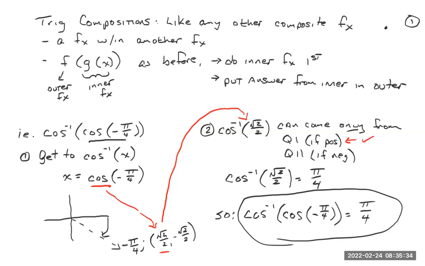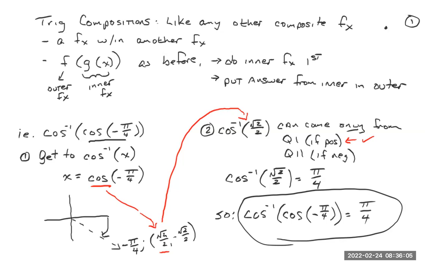If the value were negative, then we would process through quadrant 1 into quadrant 2 and grab an angle that has a negative value. So cosine inverse of square root of 2 over 2 is pi over 4. And so here we have our answer. The arc cosine of the cosine of negative pi over 4 is pi over 4.